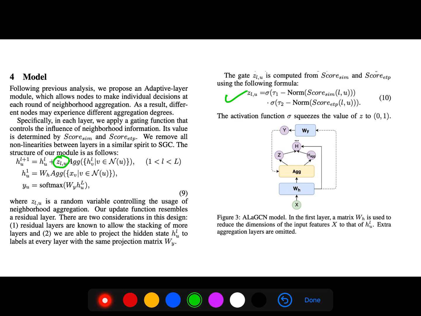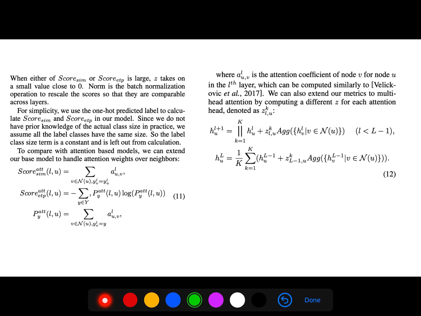The activation sigma squeezes the value of z to this interval. When either of the scores is large, z takes on a small value close to 0. Norm is the batch normalization operation to rescale the scores so that they are comparable across layers.